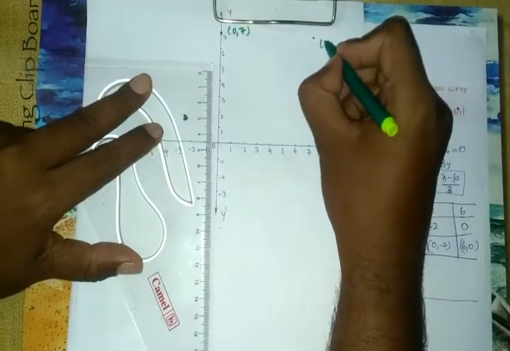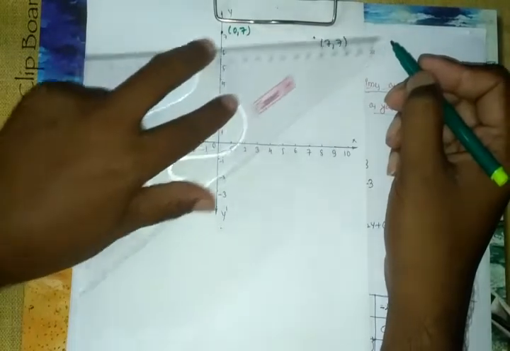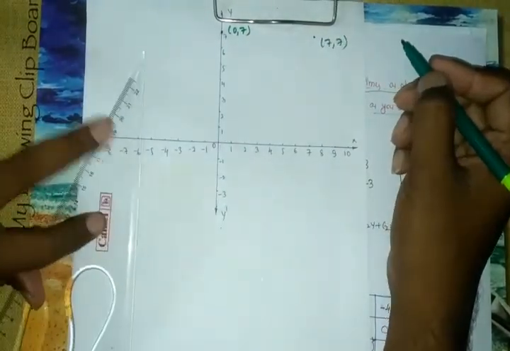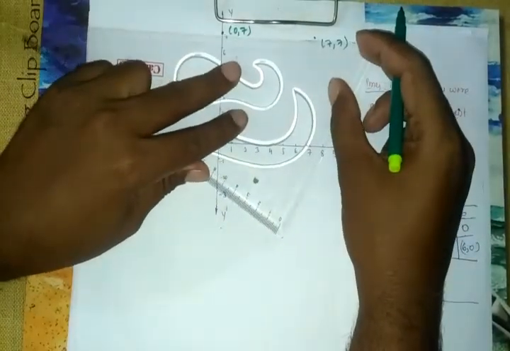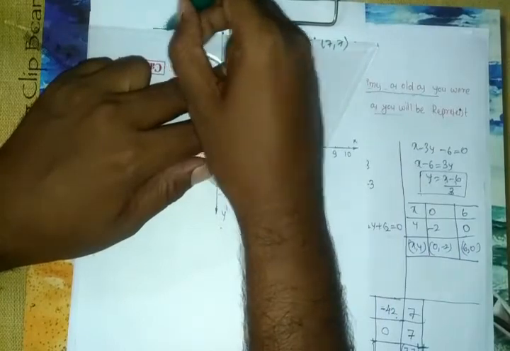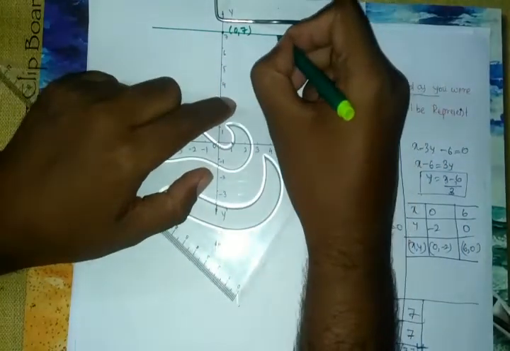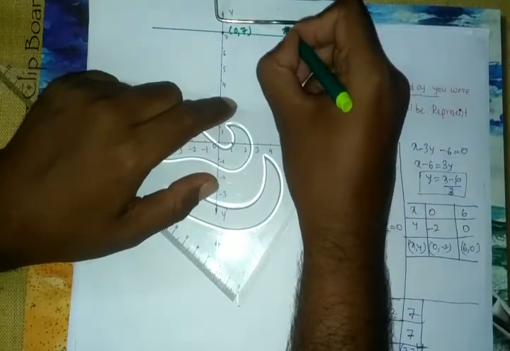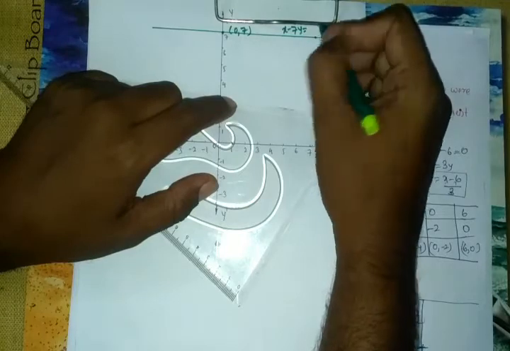So this point is 7 comma 7. Let me join these 2 points. I will get a straight line. So this line represents the equation x minus 7y equals to 42.